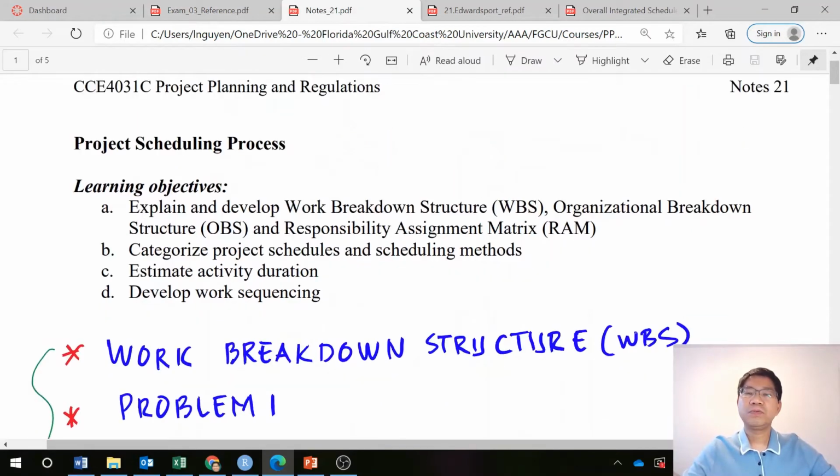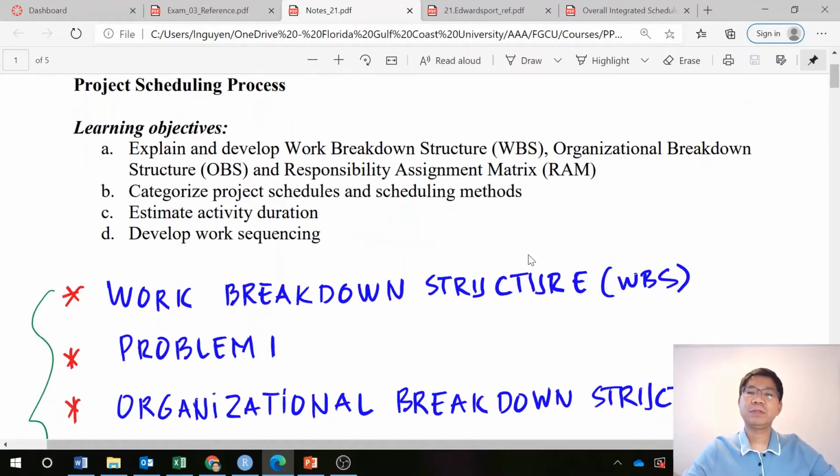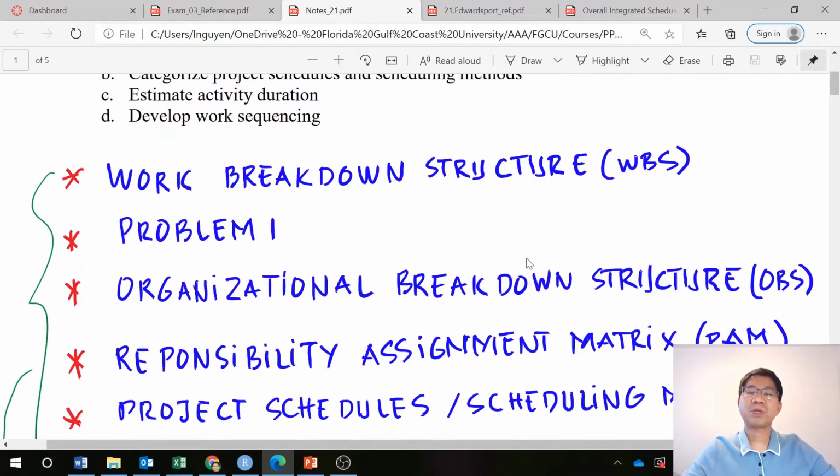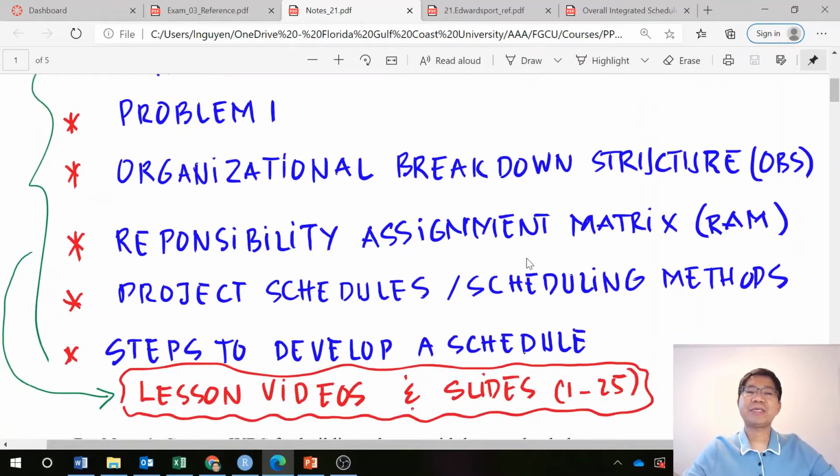So for today's class, the concept of work breakdown structure, problem 1, organizational breakdown structure, responsibility assignment matrix, RAM, project schedule and scheduling method, and steps to develop a schedule, I will cover in the slides and the lesson videos, and the first lesson video is this one.